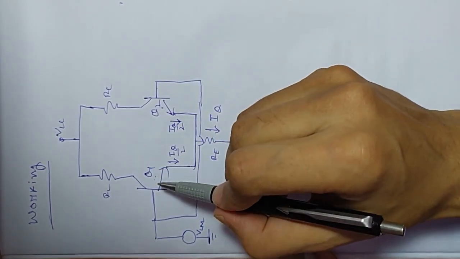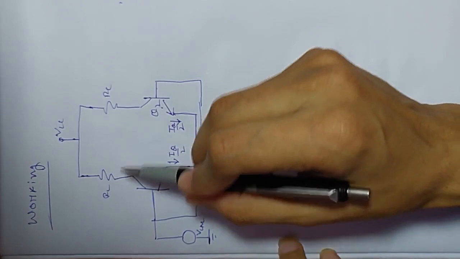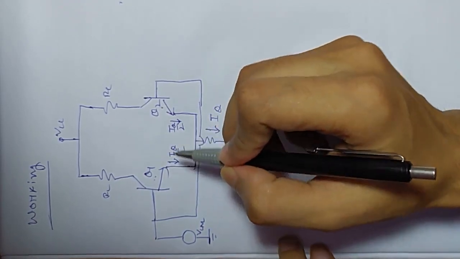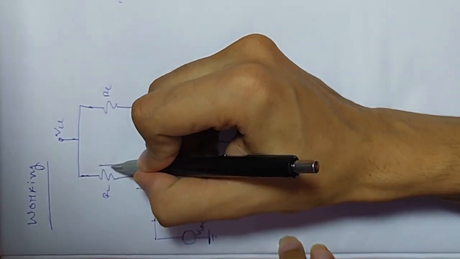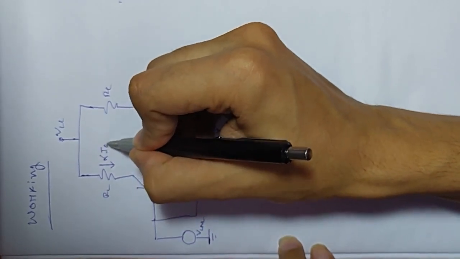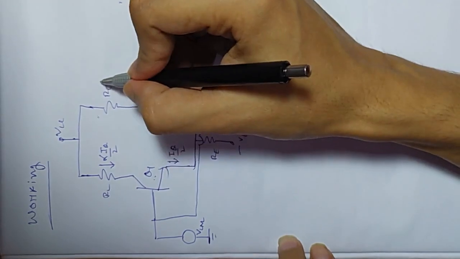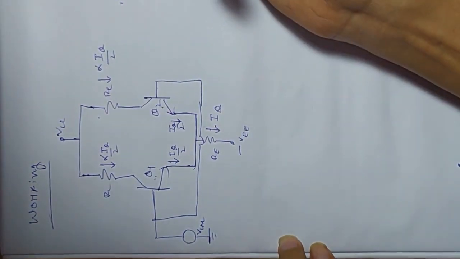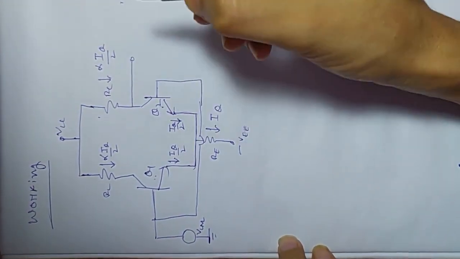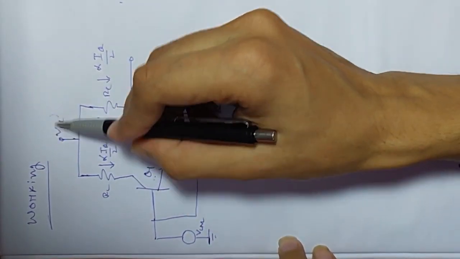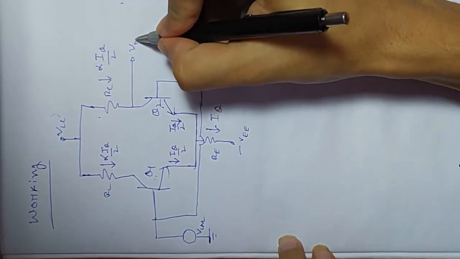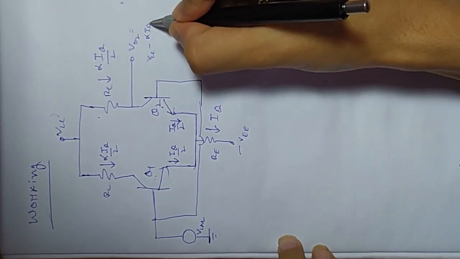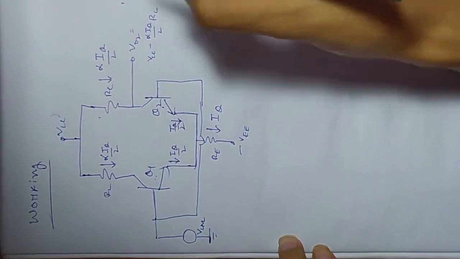If I assume the transistor has the common base amplification factor alpha, then if the emitter current is IQ by 2, the collector current will be alpha times IQ by 2, for both transistors. So the voltage V02 will be VCC minus the drop, that is VCC minus alpha IQ by 2 times RC.